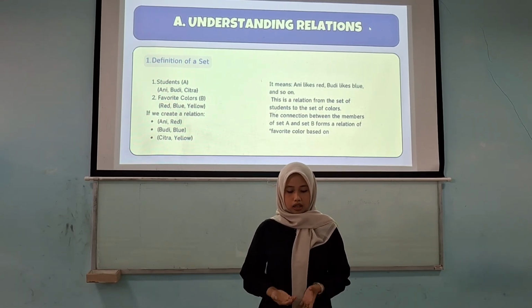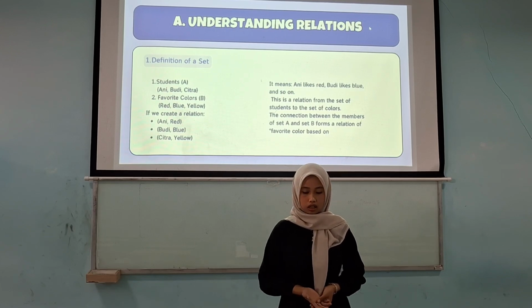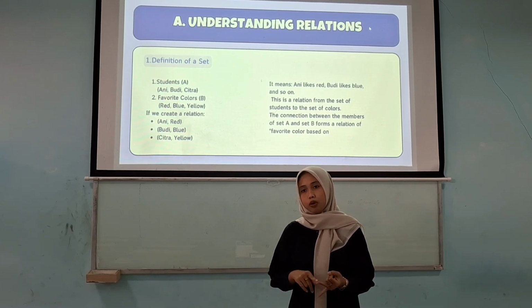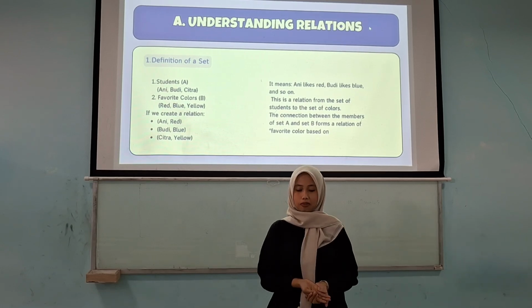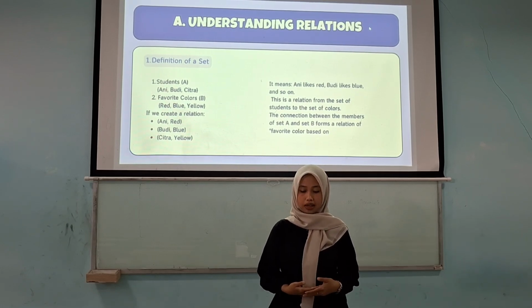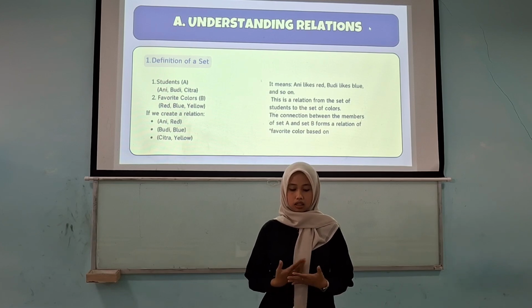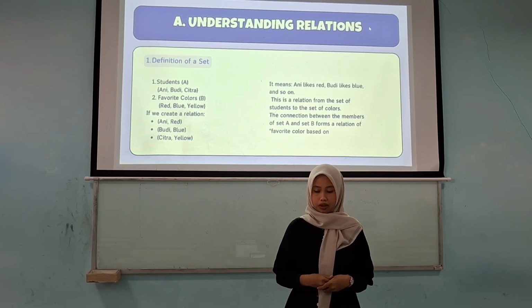We symbolize the favorite color set with B, which is red, blue, and yellow. So from those symbols, we know that A and B are sets that can connect to each other.